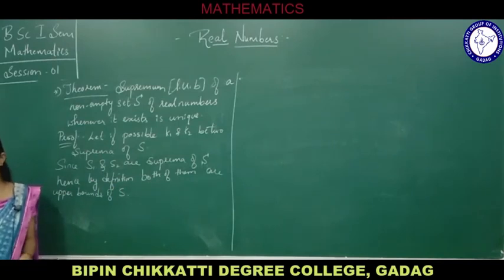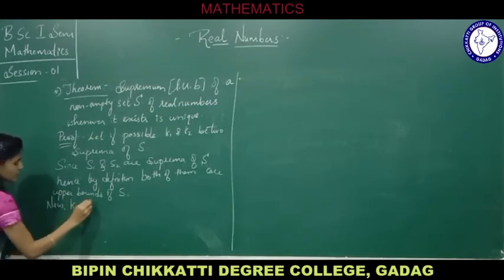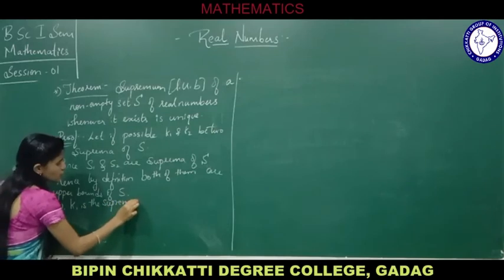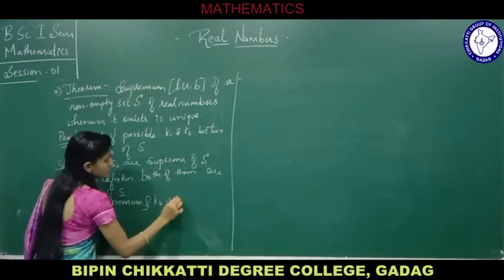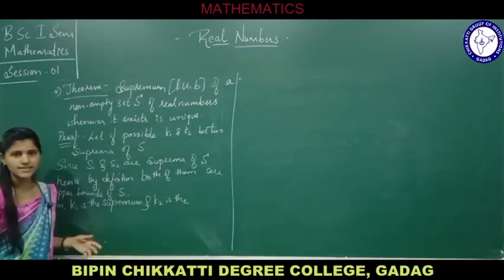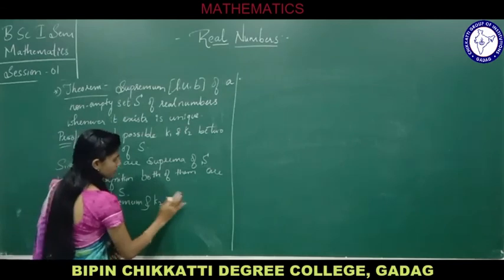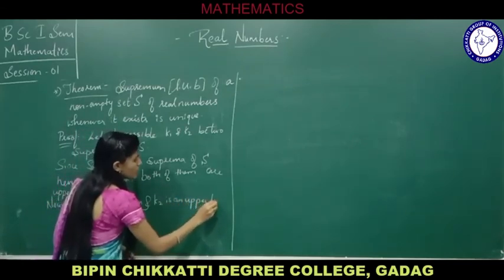Now, what are we going to do? K1 is the supremum and K2 is an upper bound.